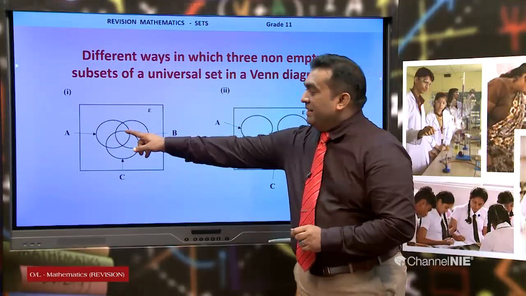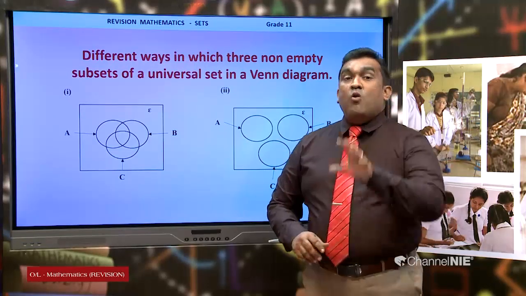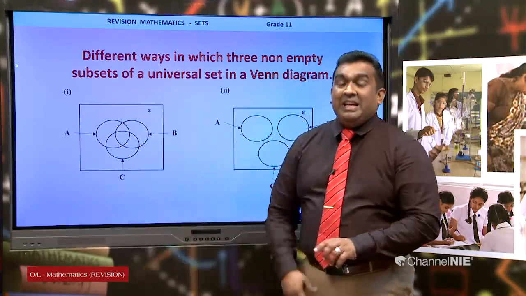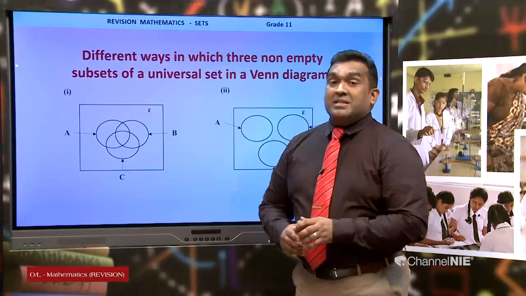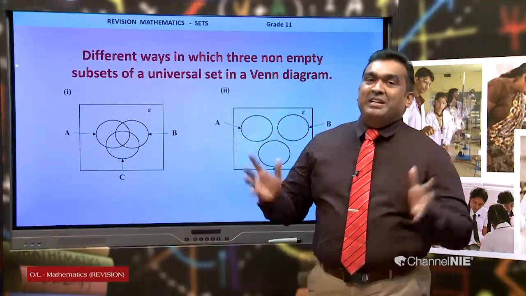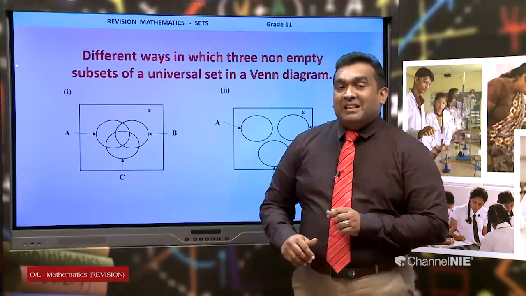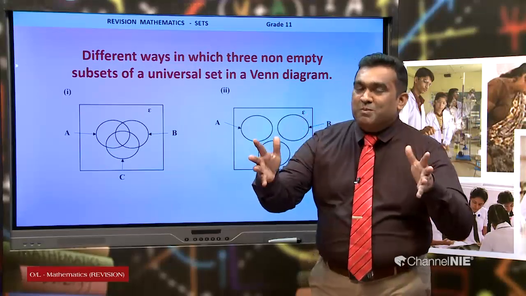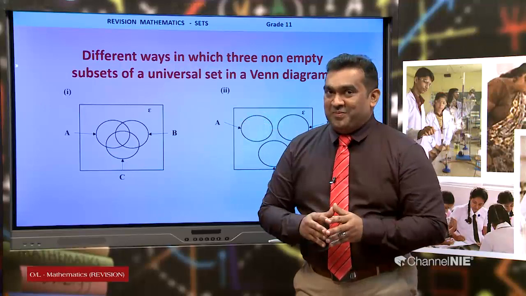If you consider set A, set B, set C, how many regions are there? Set A is divided into 4 regions, set B is also divided into 4 regions, and set C is also divided into 4 regions. 4 regions means 4 groups, 4 collections.